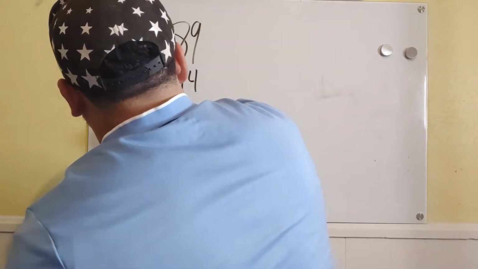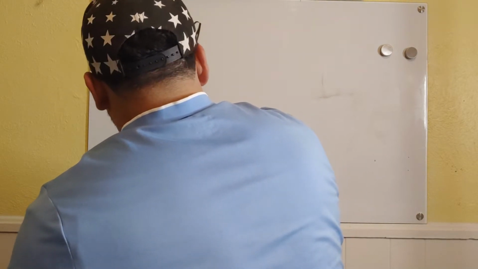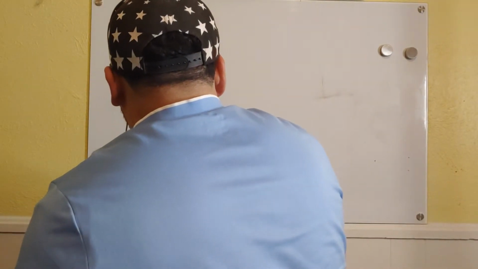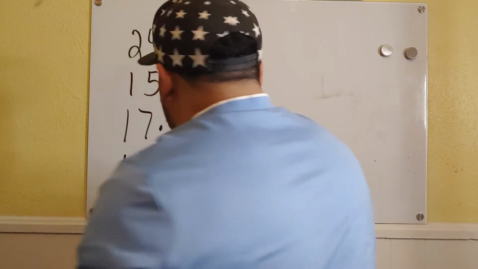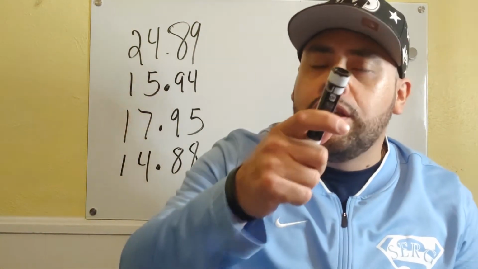Zoro was $17.95. And Goldar, who fell, man down, was $14.88. Boom. So we're gonna go from least to greatest.